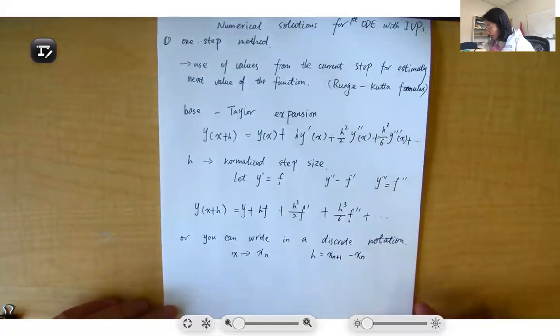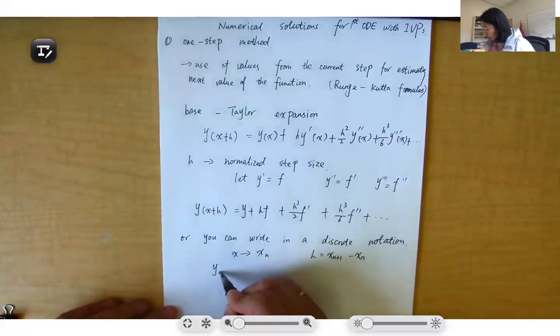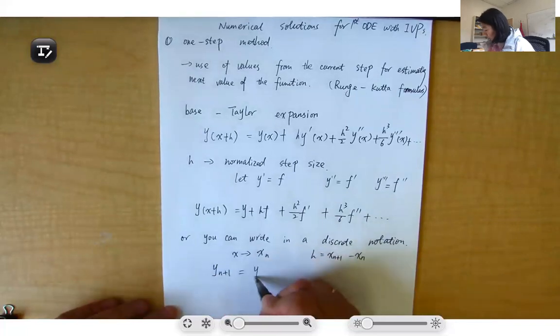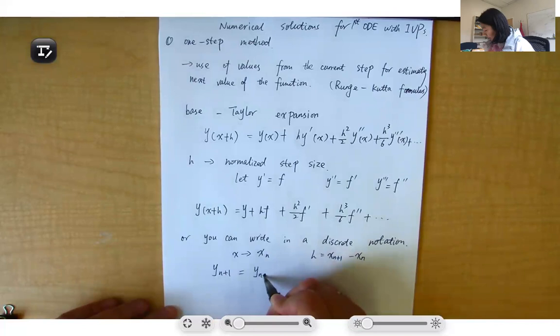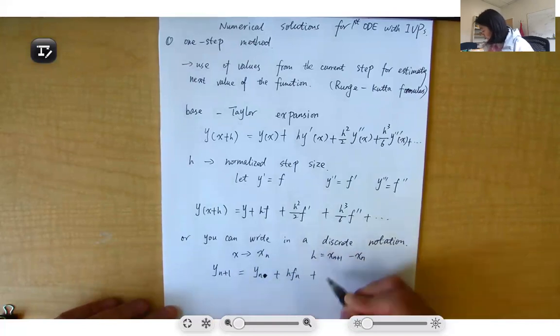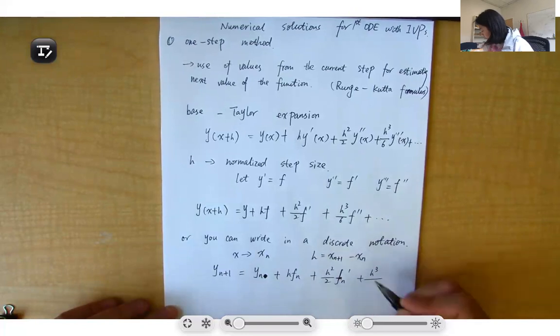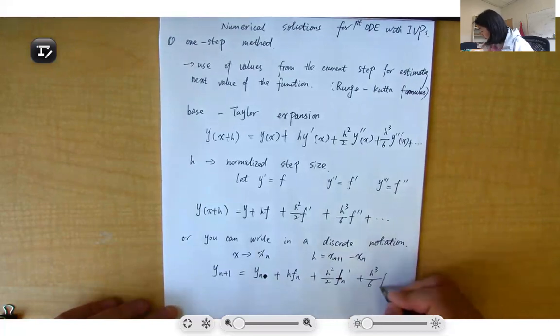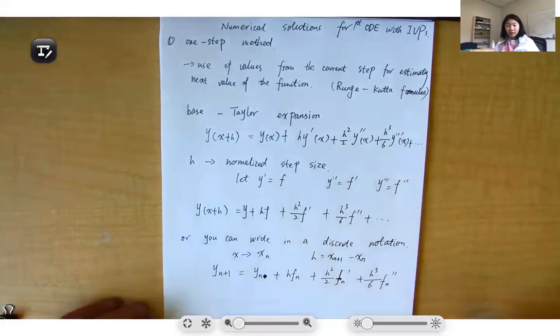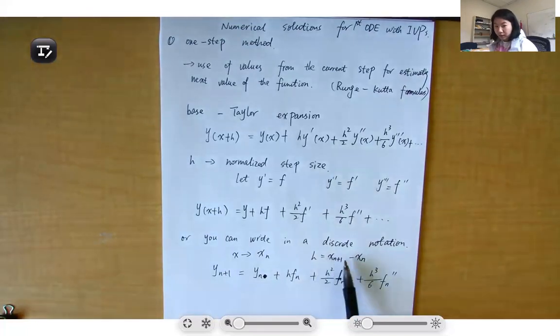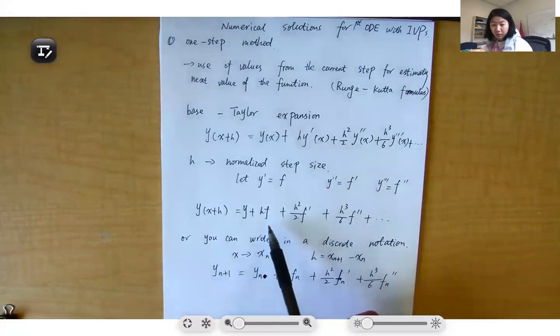So you can rewrite this as y(n+1) equals yn at the current step plus h fn plus h squared divided by 2 fn prime plus h cubed divided by 6 fn double prime. So this is the discrete notation to represent the Taylor series.